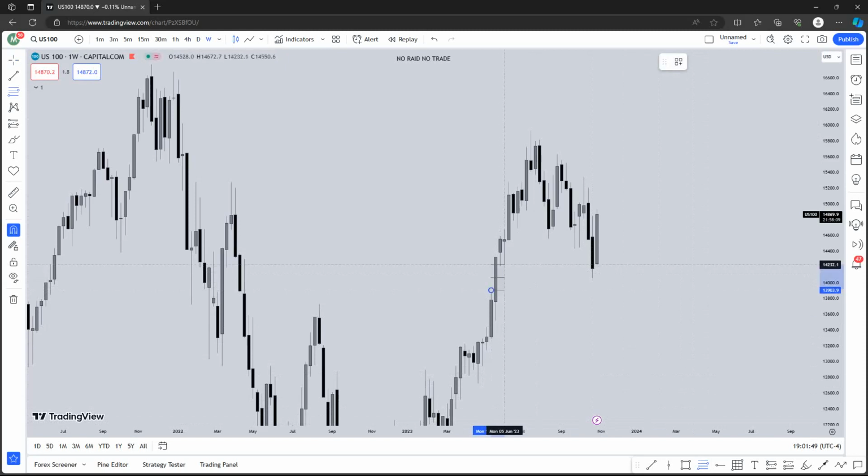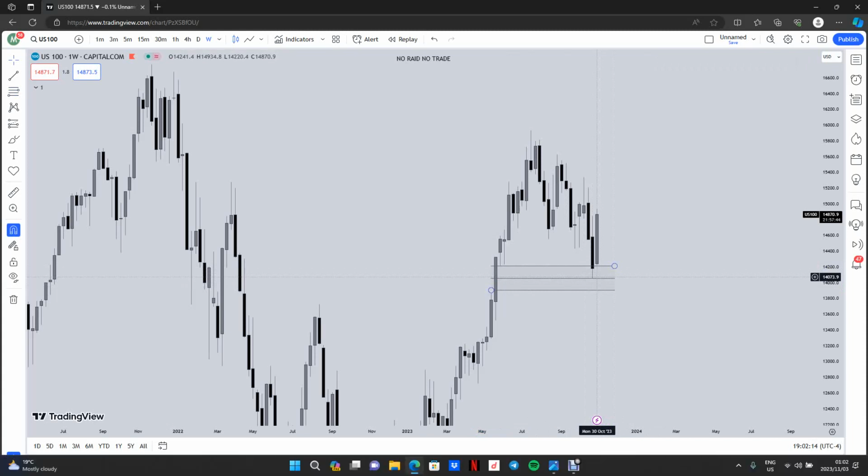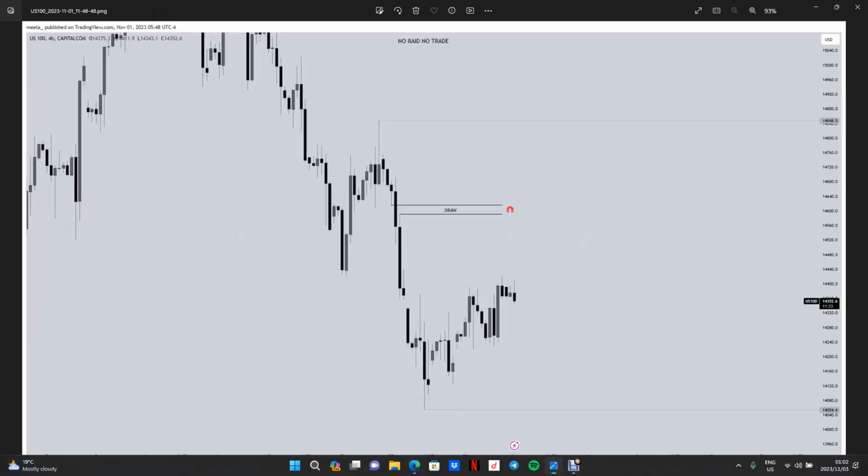We can see that price respected the 50% of that fair value gap. Once we traded into that, we can then scale down to our lower time frames and look for more evidence to support the bias in which we believe that price would be going higher towards this point right here.